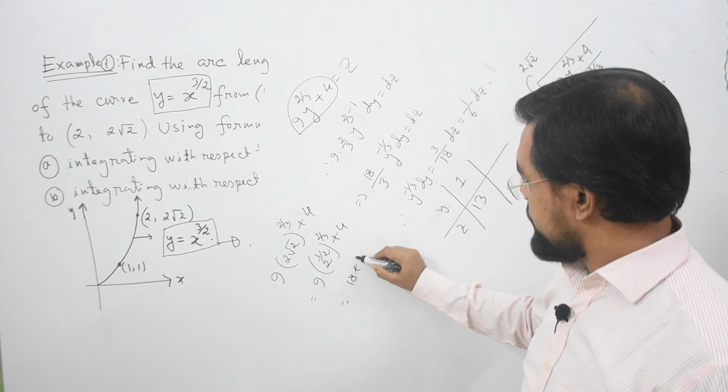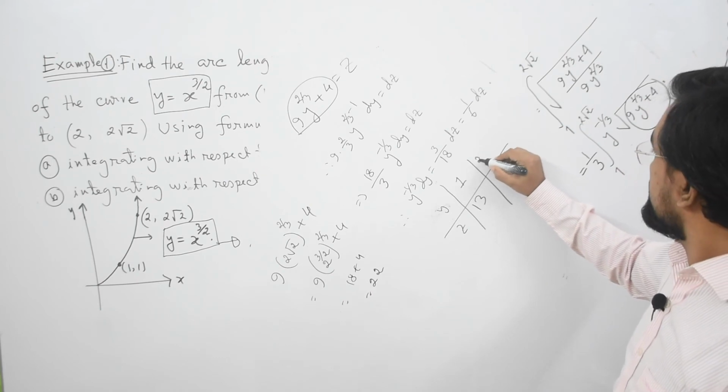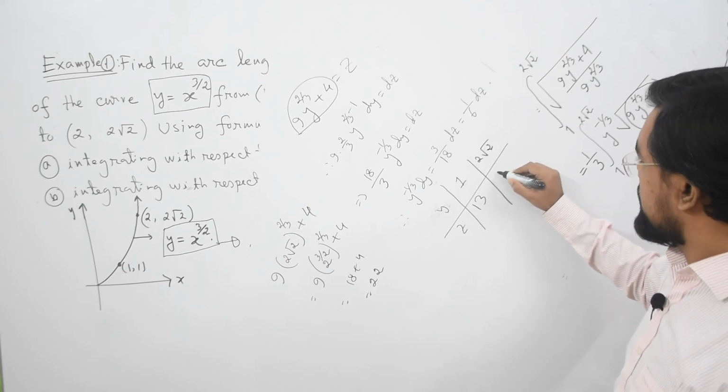This equals 18 plus 4 equal to 22. So when y equal to root 2, z equals 22.